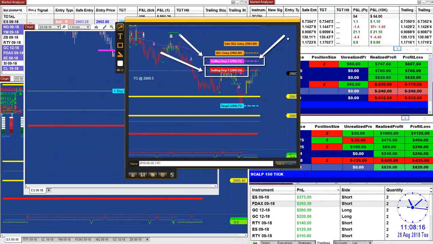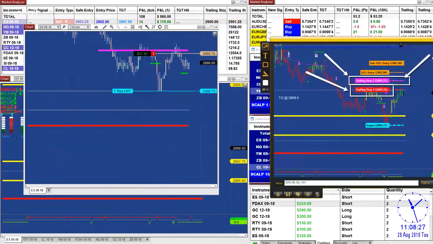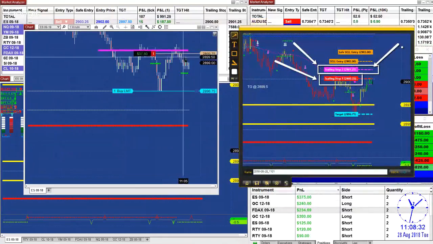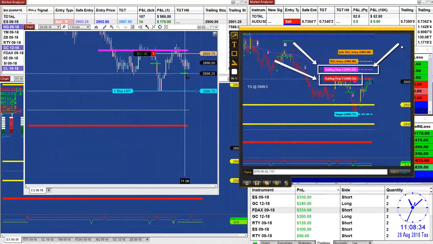Those entries here, if you just follow those entries on the trailing stop two, or if you can nail it like what I have nailed right now on the first pullback, re-entry, we have a projection.